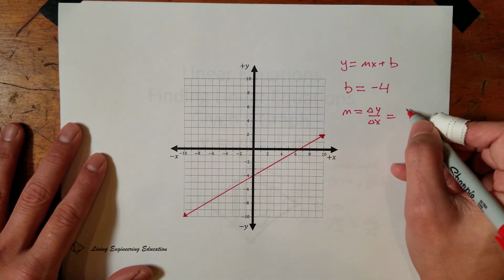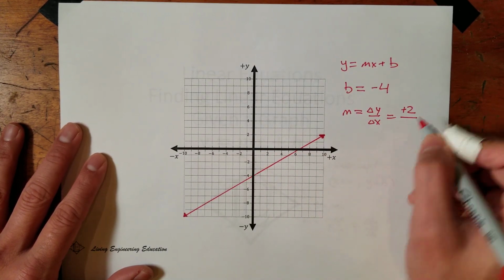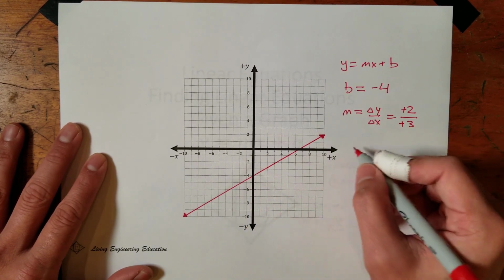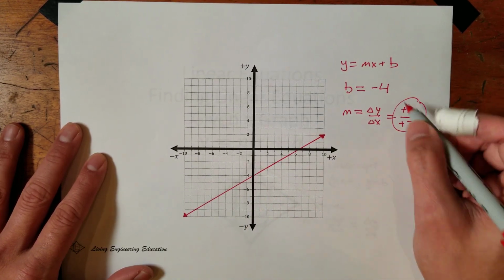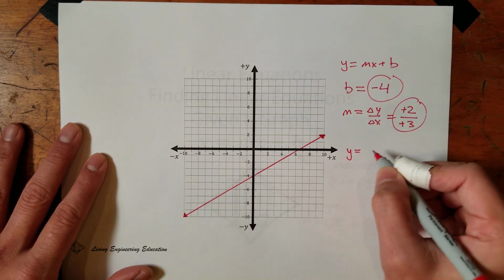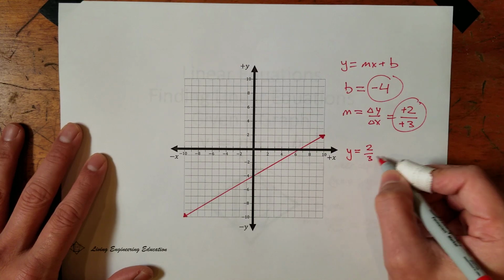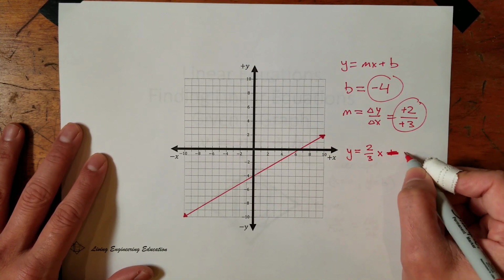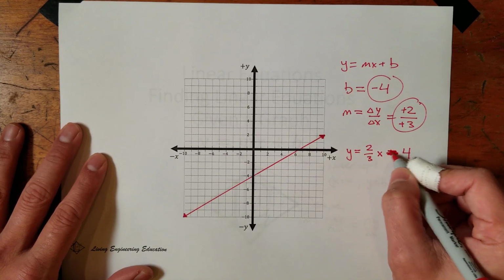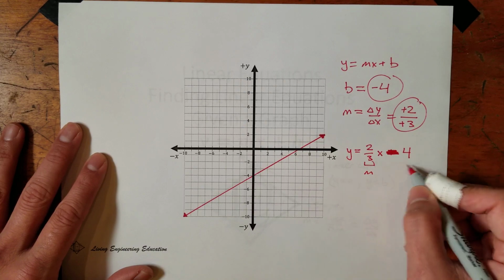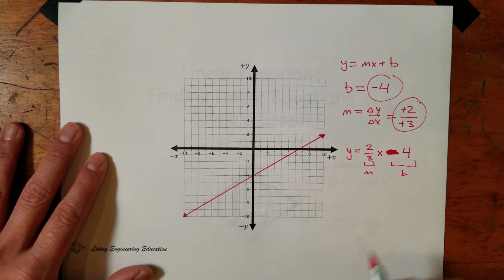So rise is plus 2. Run is to the right, plus 3. So my slope is 2/3. My y-intercept is negative 4. So my linear equation is 2/3 x minus 4. Right? The slope term here and the y-intercept b term here.